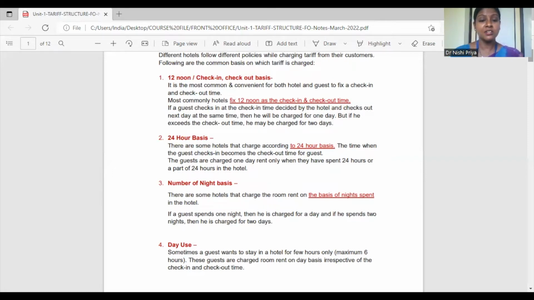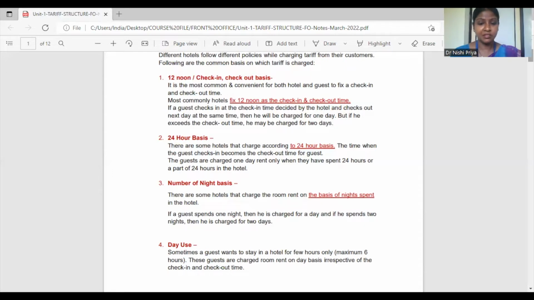If the guest extends the stay till 1 or 2 o'clock, then the extra charge as per the hotel policy will be paid, or more than one day's rent. The guests are charged one day's rent only when the guests have spent 24 hours or a part of 24 hours in the hotel. Hope it is easy to understand.